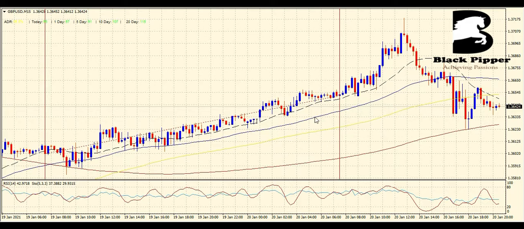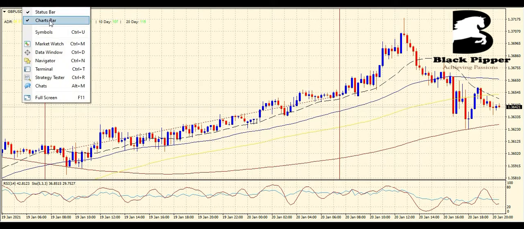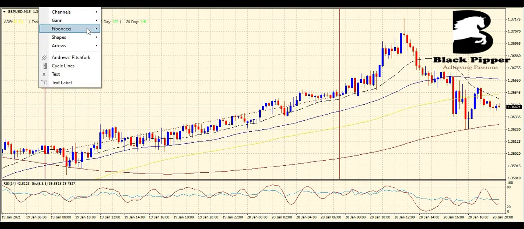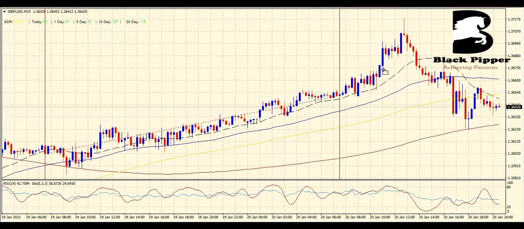At 5:30 GMT I have to see the consolidation range of the market. Here the market is consolidating in this area, so I mark the consolidation with a rectangle, keeping in mind that you have to cover the lows and the highs of the consolidation range.